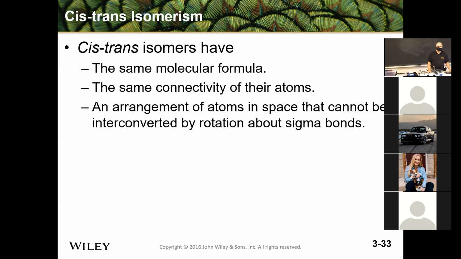Cis-trans isomers are also called geometric isomers. They differ from constitutional isomers in that the skeleton is the same, but the three-dimensional shape is different. And cis-trans isomers cannot be interconverted by rotation about single bonds.